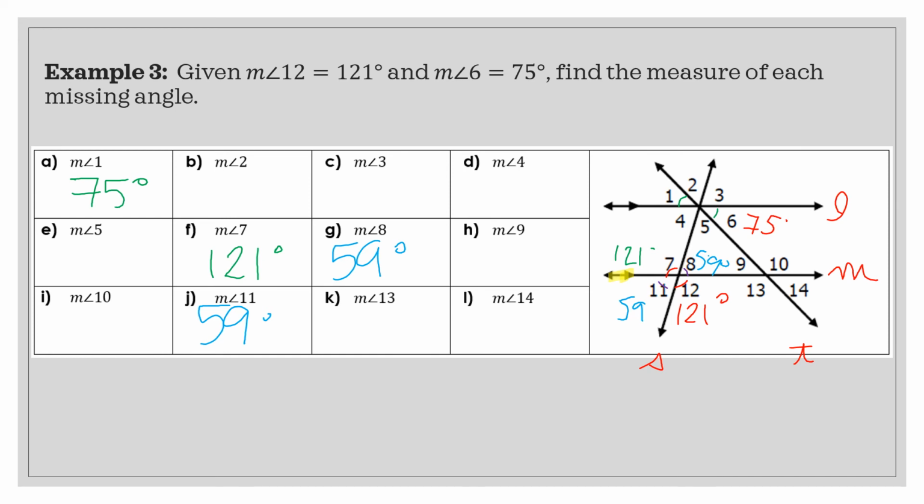Okay. Angle 4. Angle 4 is corresponding with angle 11, so angle 4 and angle 11 should have the same measure. So if 11 is 59, then the measure of angle 4 should also be 59 degrees.